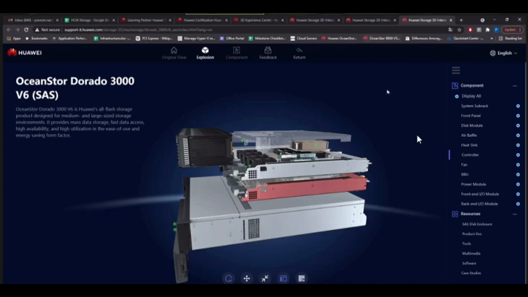How about the advantage of Huawei products over other products? That is mostly on the software side. But in terms of performance, I actually have another website here.